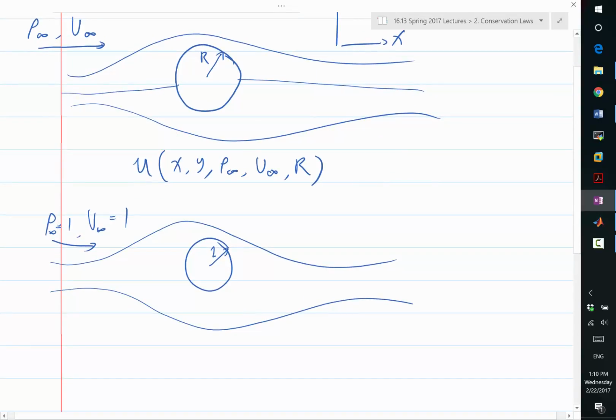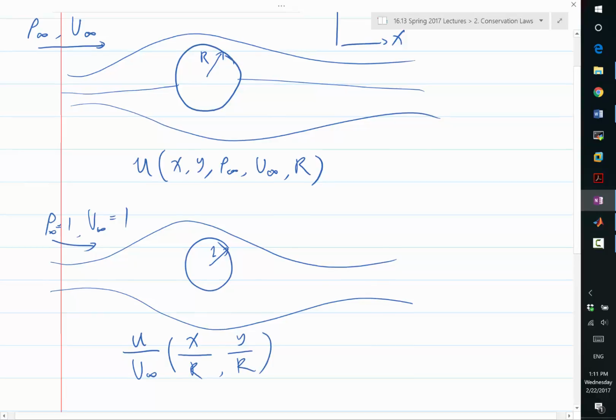So u divided by u infinity, the non-dimensionalized velocity, is only a function of x divided by r and y divided by r.